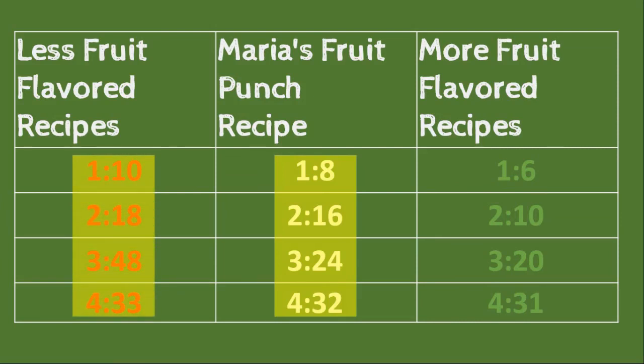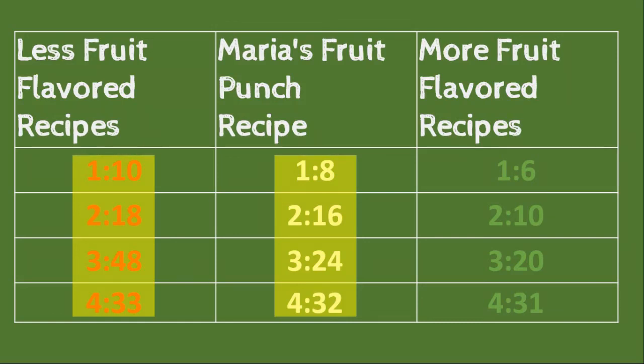To figure out less fruit flavored recipes, all we have to do is find the equivalent of the use of 1 fruit flavor, which would be the first number, and in this case is 1, to 10, which we have 10 represent water. So that would be less fruit because we are adding more water. 1 to 10 is more water compared to 1 to 8.